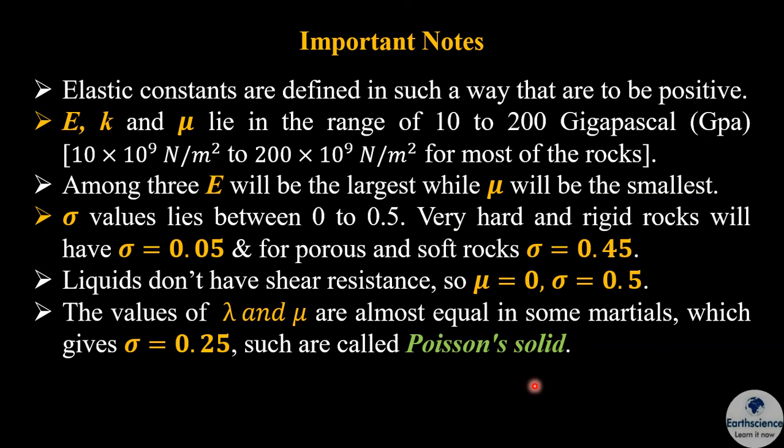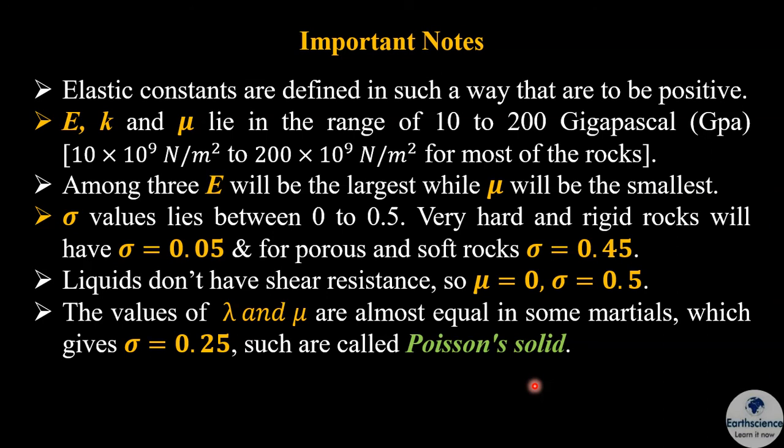For very hard rocks, the Poisson's ratio will be 0.05, while for very poorly consolidated material with high porosity and permeability, it will be 0.45, and 0.5 for bodies that have no shear resistance. For example, the outer core doesn't have shear resistance, that's why it has a shear modulus of 0 and a Poisson's ratio of 0.5.